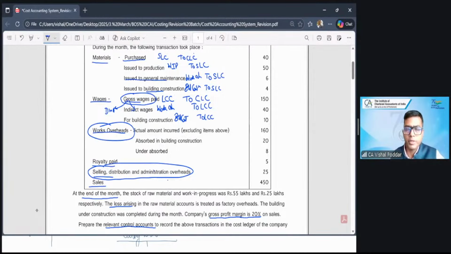LCC. Now, interestingly, they have purposefully not given you this transaction. But we know that out of gross wages, this is in fact always the main or the major component. Now, if gross is 150 and the other breakup given is 50, so we can identify this is the missing value, which is 100.